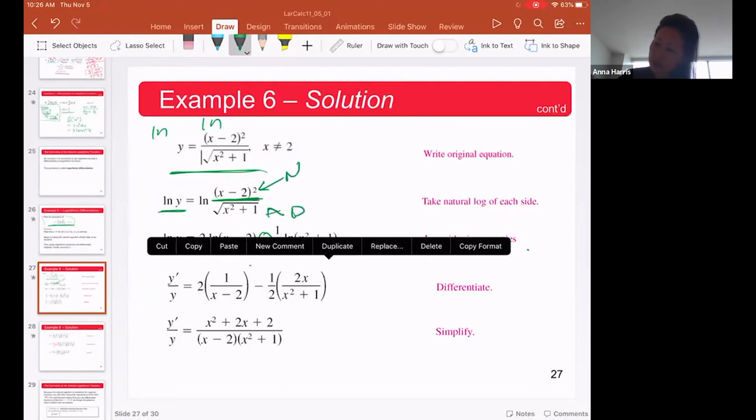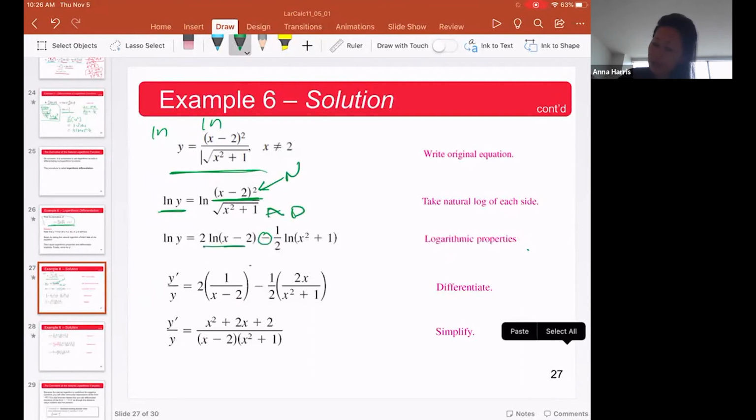Numerator minus denominator. Now you got this 2, so this is the same as 2 log. I'm not going to skip any steps, so you can see it.